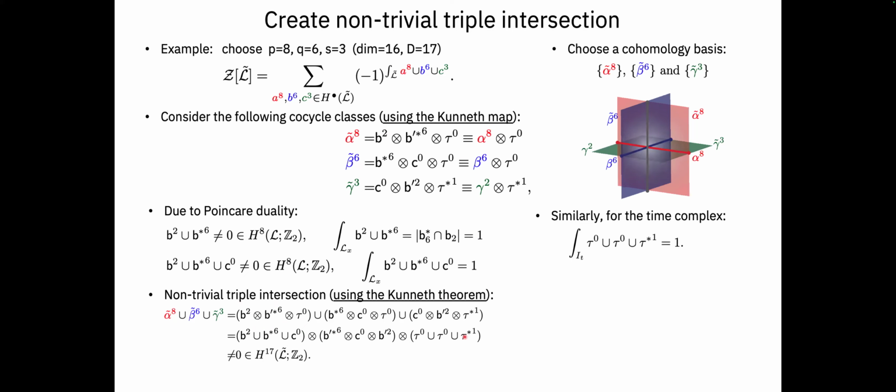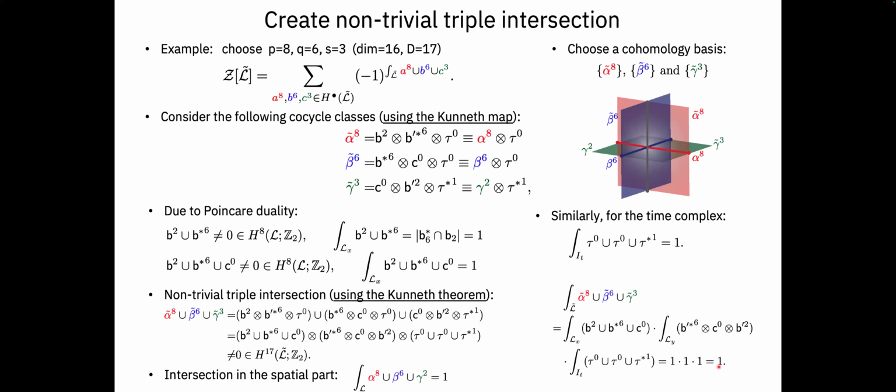And we have shown that due to Poincaré duality, each of them is non-trivial, and then you have a non-trivial triple cup product, which corresponds to a non-trivial triple intersection. So we actually can build a non-trivial intersection structure, and that's important for the logical gate.